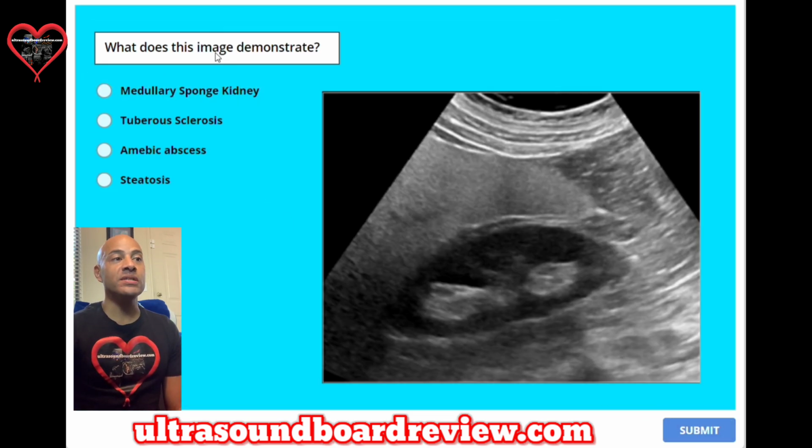Question 60. What does this image demonstrate? A, medullary sponge kidney. B, tuberous sclerosis. C, amoebic abscess. Or D, steatosis.